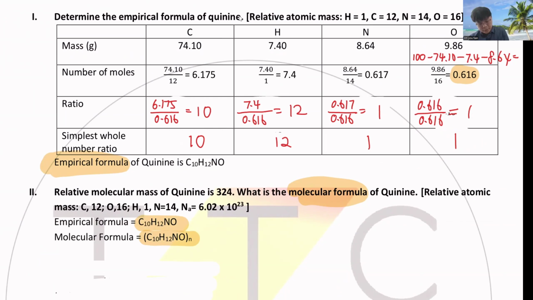Another piece of information given here is the actual mass. Because the molecular formula is the real formula, and this is the real mass. The empirical formula is the ratio, not the real one. So this mass also is an actual mass.